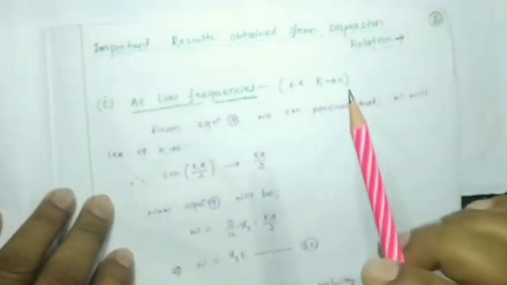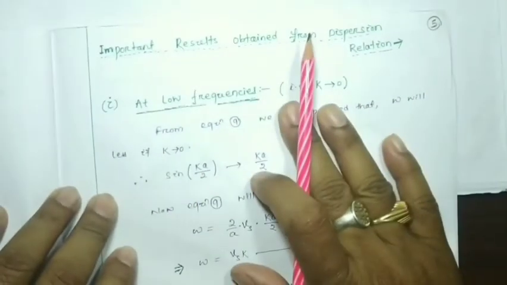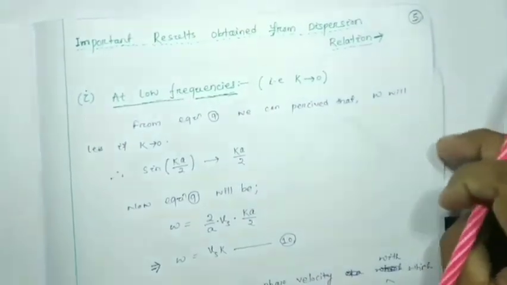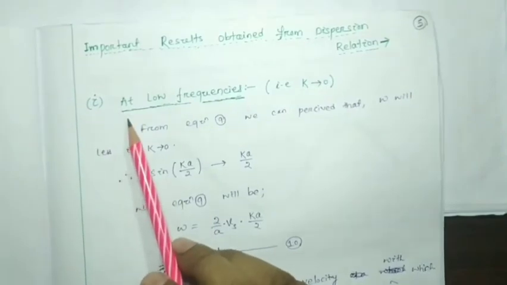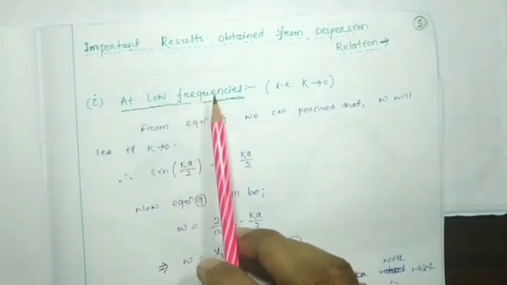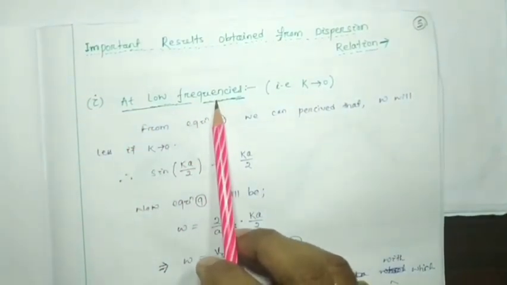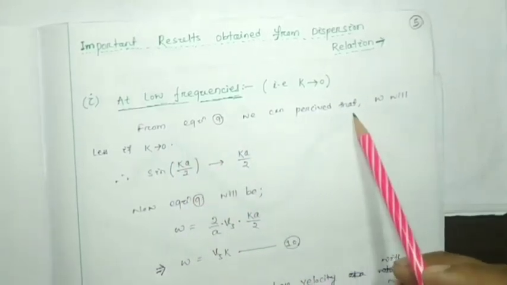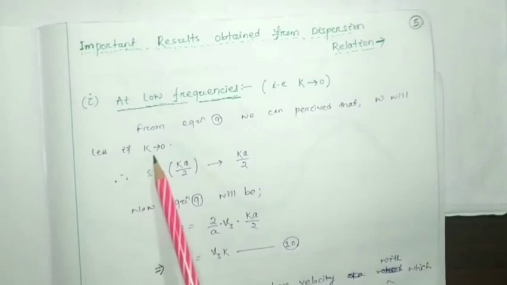Now we are going to extract some important information from this dispersion relation. First we consider the very low frequency. From equation number 9, we can perceive that omega will be very less, tending to 0 if k tends to 0.